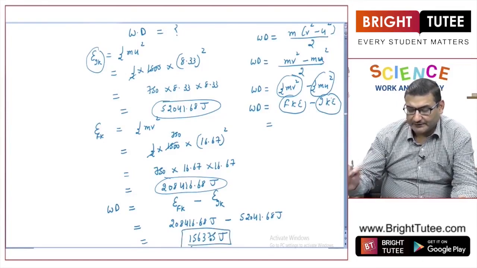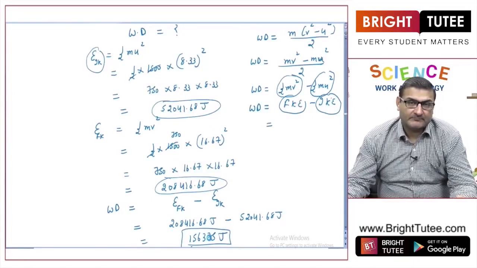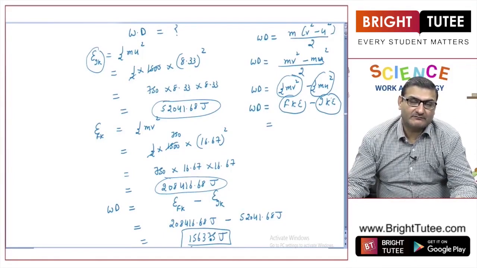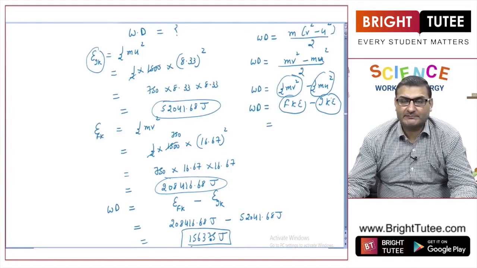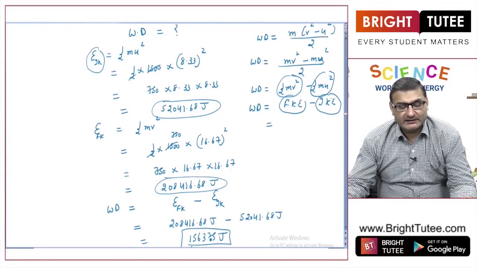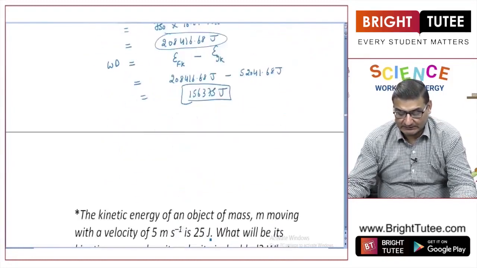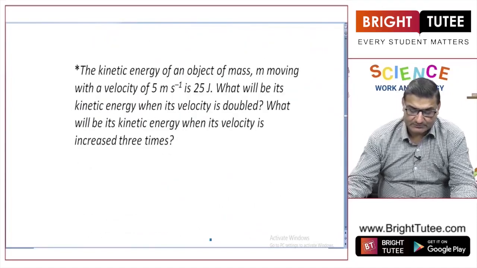This will be your work done in increasing the speed of this car from 30 km per hour to 60 km per hour. Clear to everyone? Good. Let us see the next question.